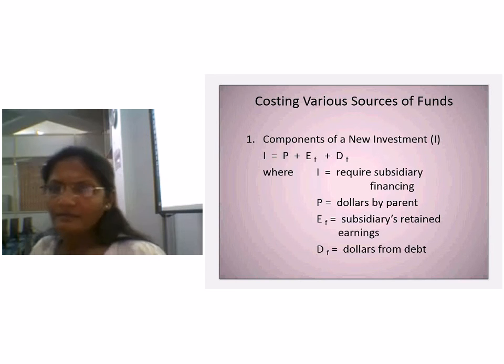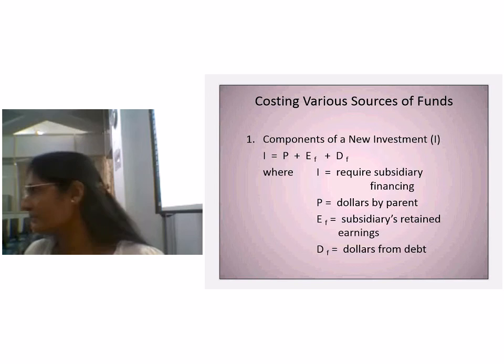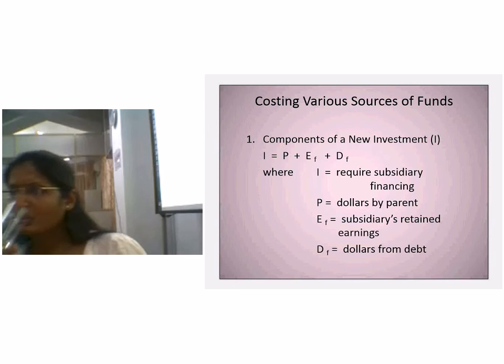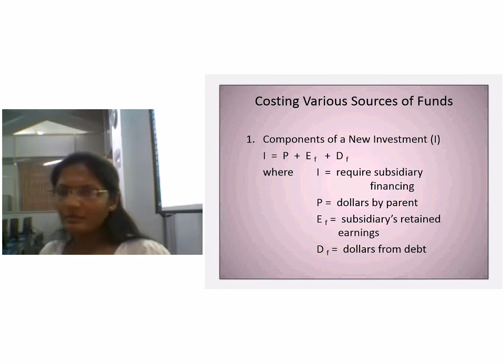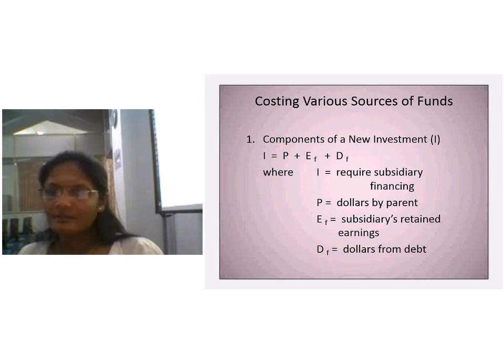Required subsidiary financing is the total financing in the subsidiary that consists of dollars by parent, in other words parent company funds. So what is the cost of parent company funds? What should be the cost of parent company funds?